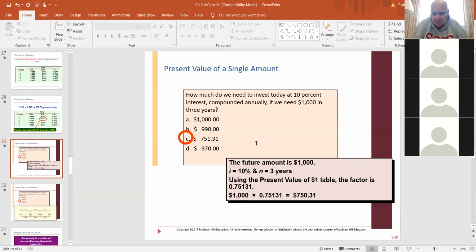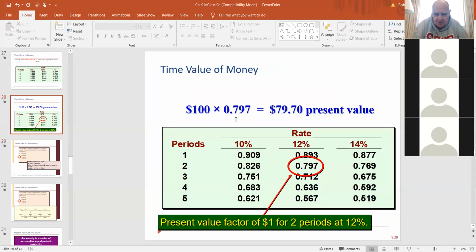Now they're giving us a little problem here. How much do we need to invest at 10% for 3 years? We need $1,000 in 3 years. That's 10%, 3 years. $1 is worth 0.751, 75 cents.